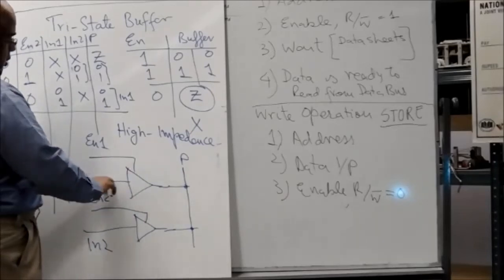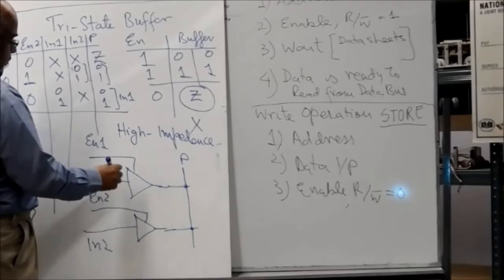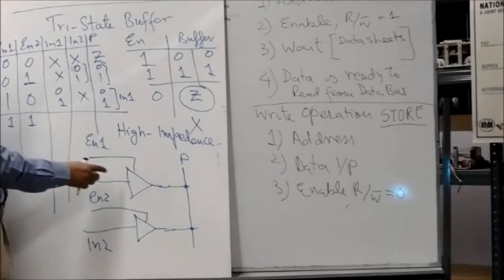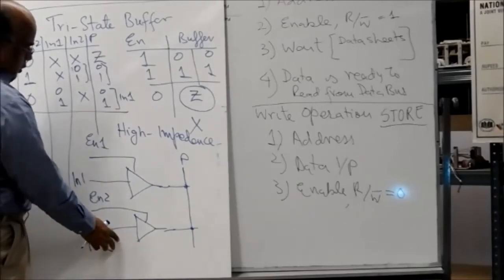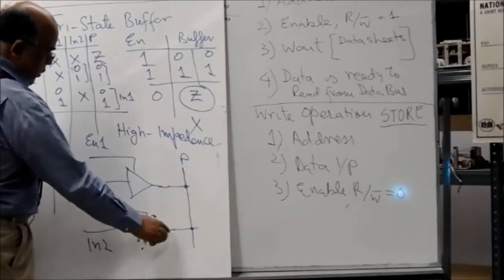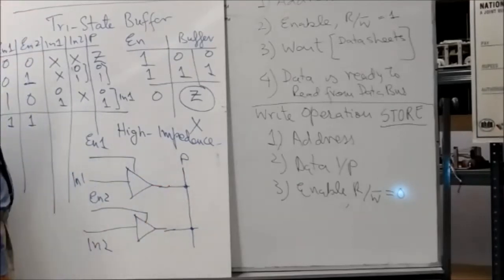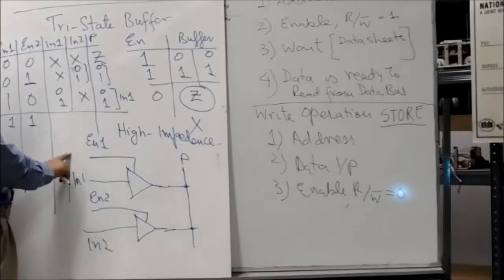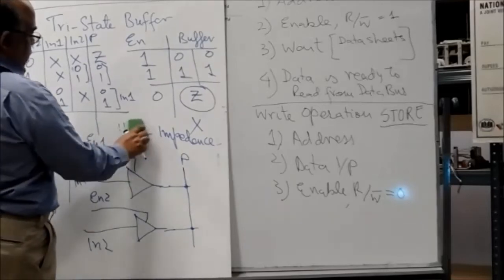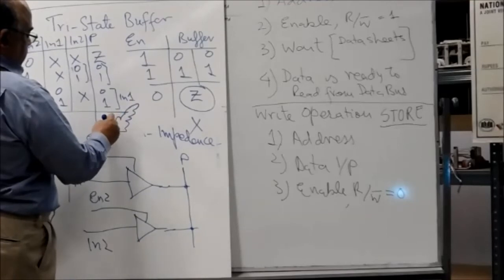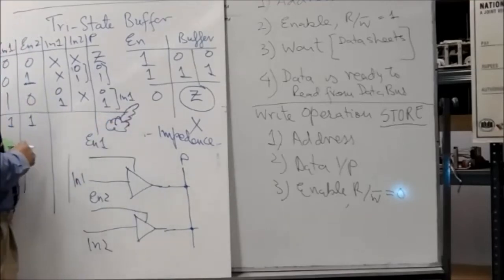If these inputs are conflicting, this is 1 and this is 0, then a huge amount of current will flow through this. Usually in textbooks they put a burning symbol here, saying both will burn, so don't do this.